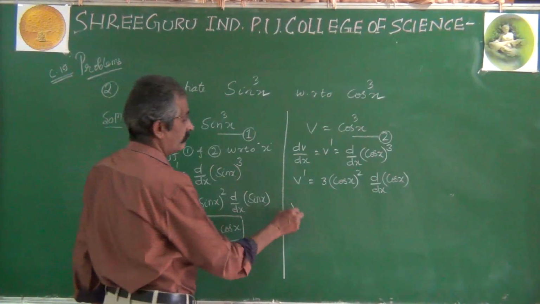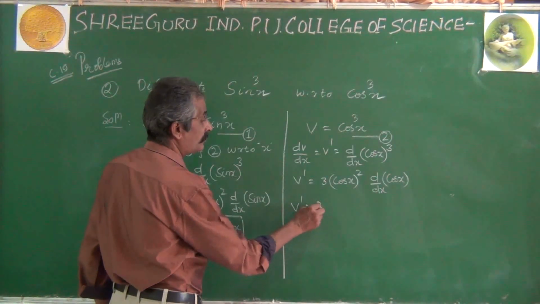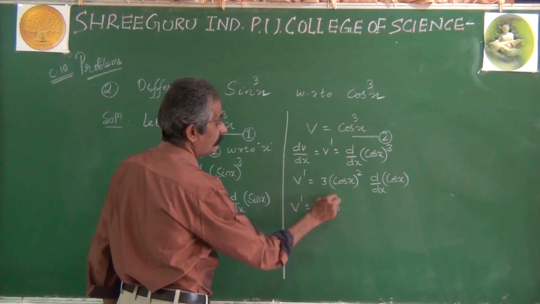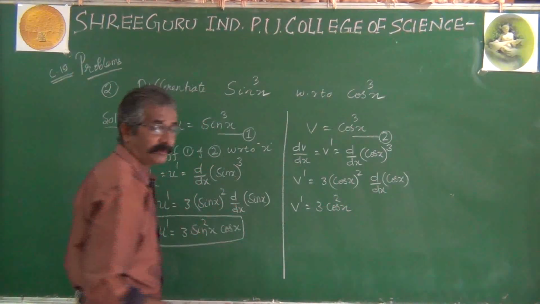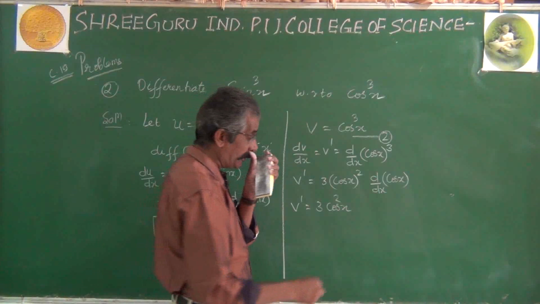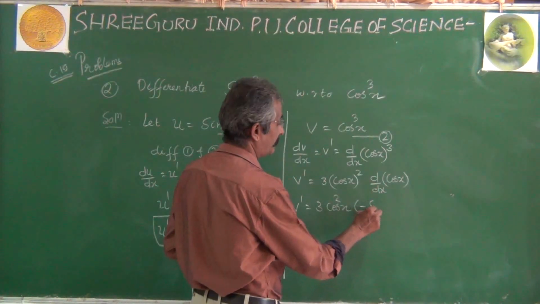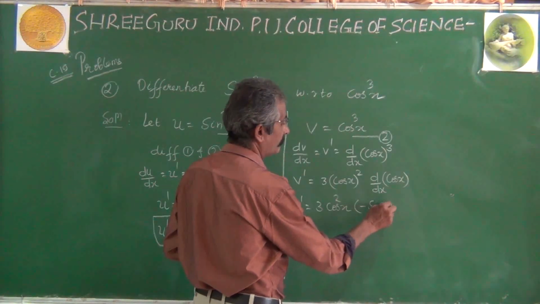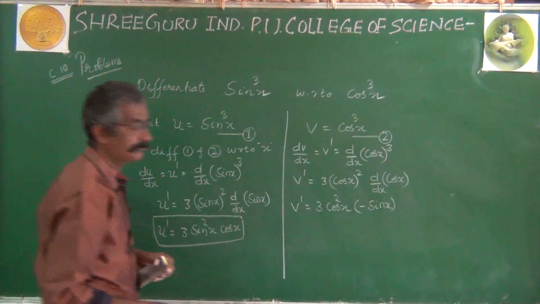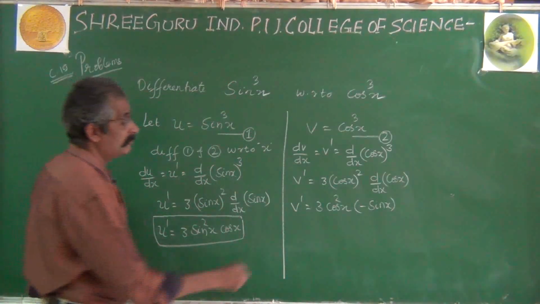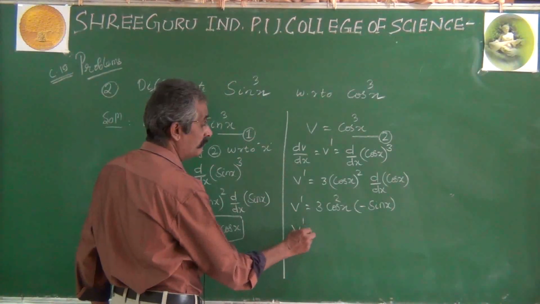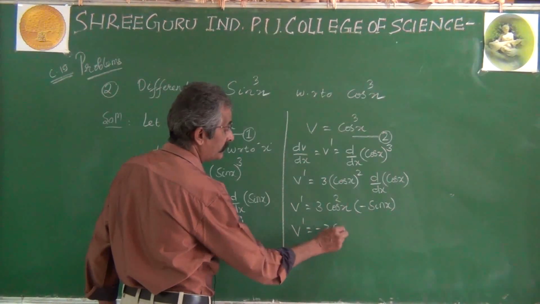That is, v dash equals 3 cos square x multiplied by the differentiation of cos x, which is known as minus sin x. Or v dash equals minus 3 cos square x into sin x.